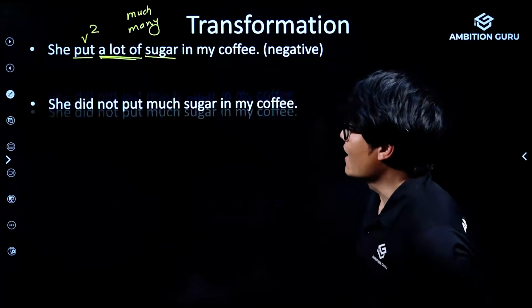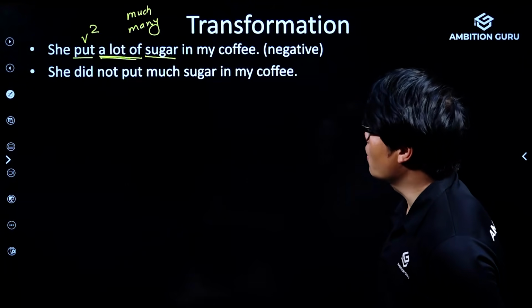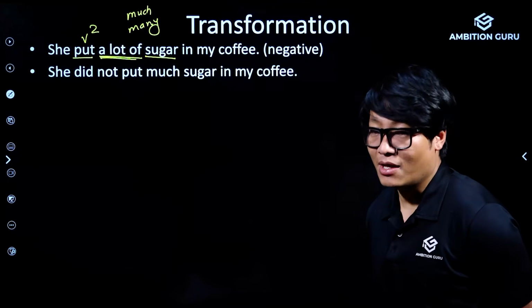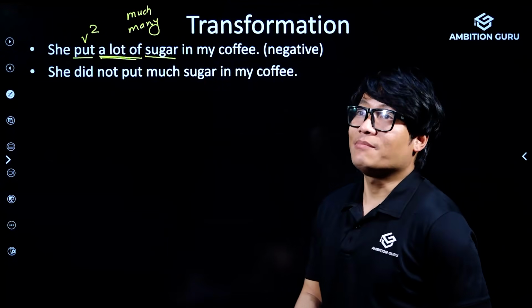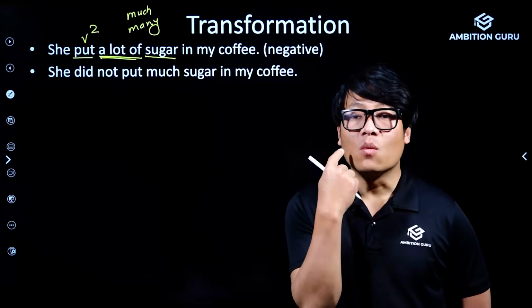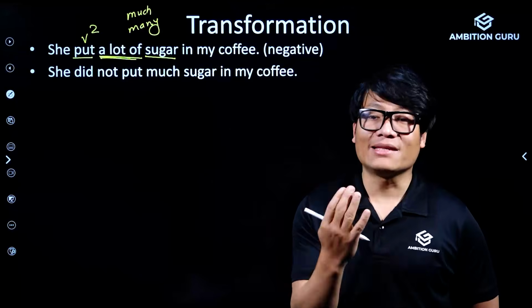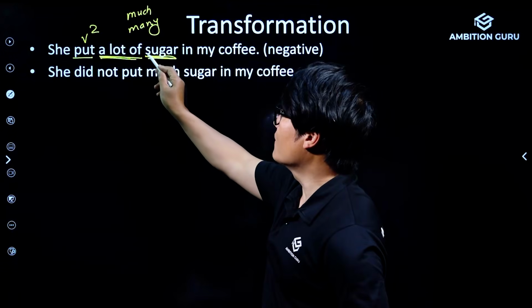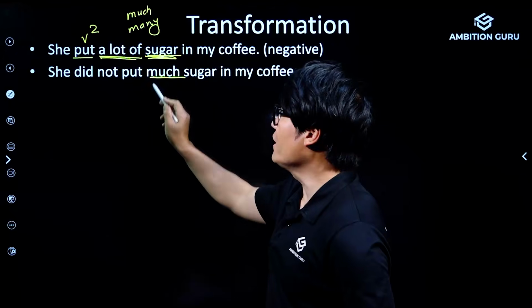Wow, that's good. So the answer is C, did not put much sugar in my coffee. Did you get this? Grammar is a very sensitive question, because if one letter is more or less, then everything is wrong. Because sugar is an uncountable noun, that's why much should be here.